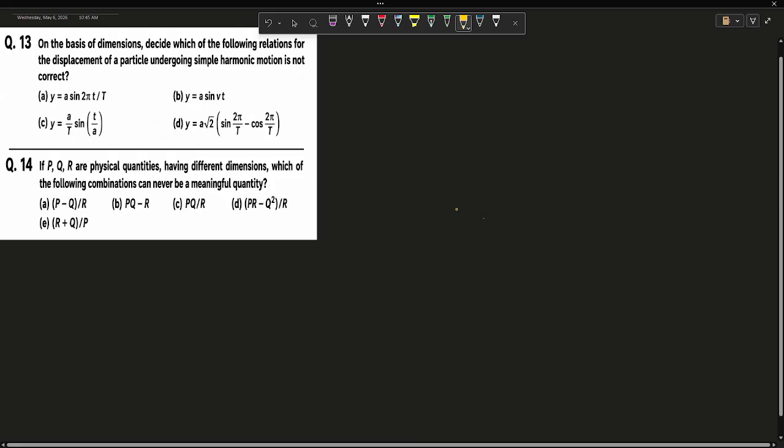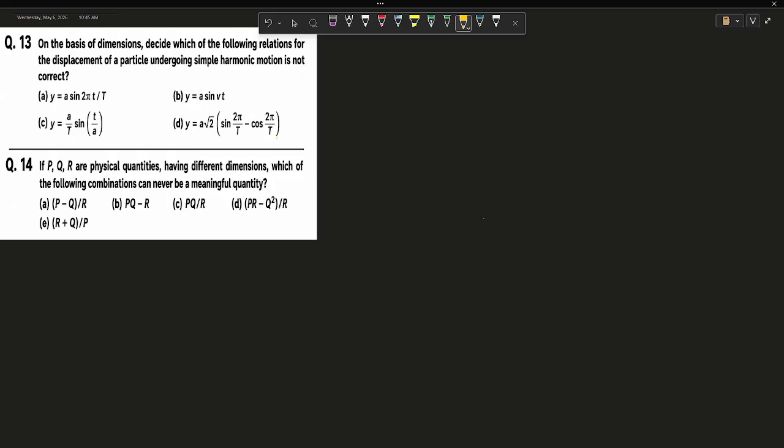Next one: on the basis of dimension, decide which of the following relations for the displacement of a particle undergoing SHM, or simple harmonic motion, is not correct. Now we know that sine, this trigonometric function, has no dimension.